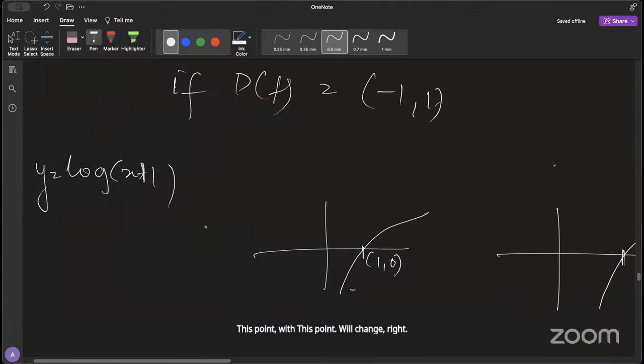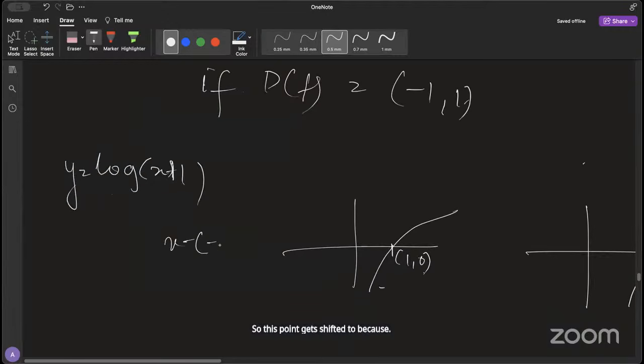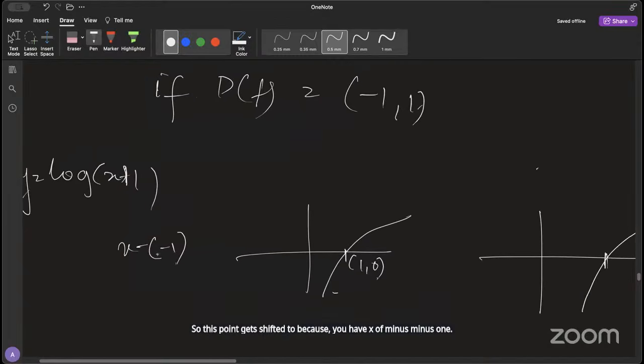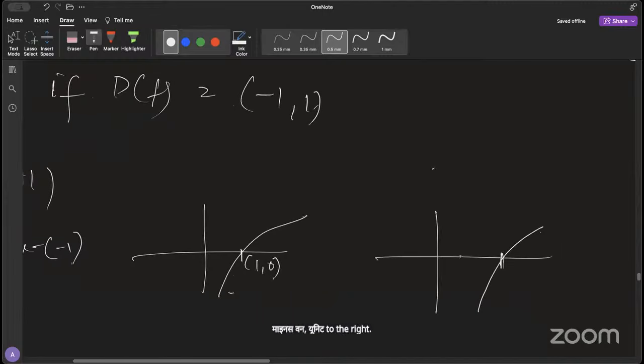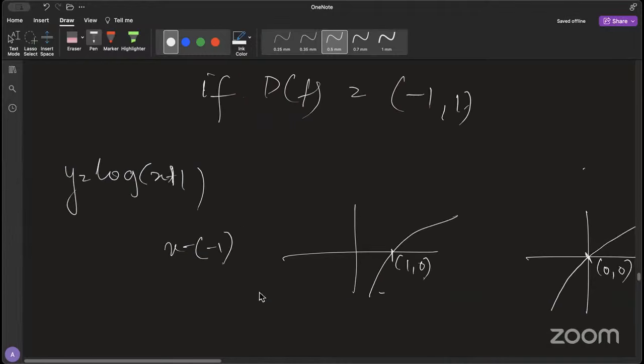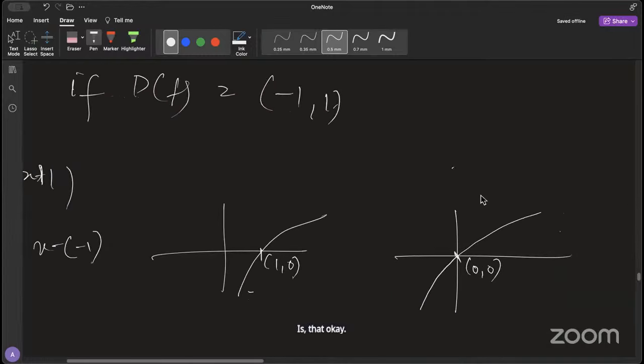Because you have x plus 1, this gets shifted 1 unit to the left. So you will have this here. This is the graph for log of x plus 1.